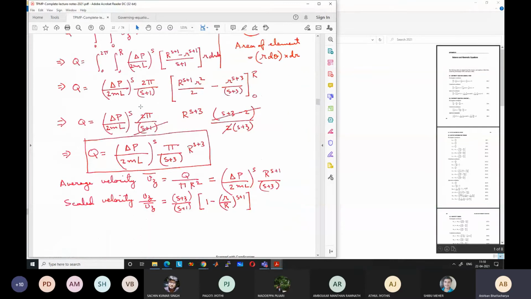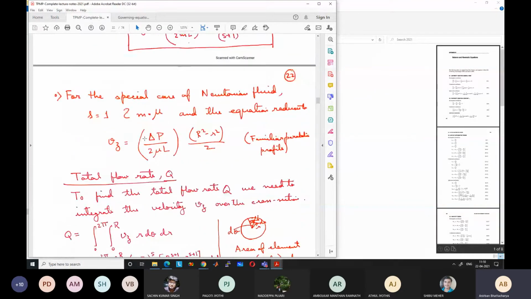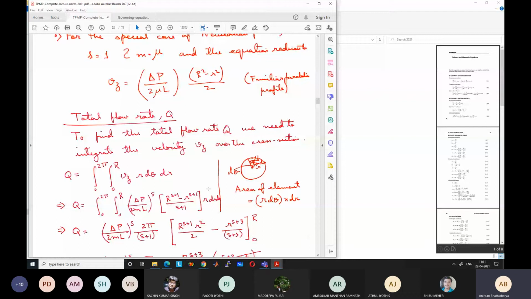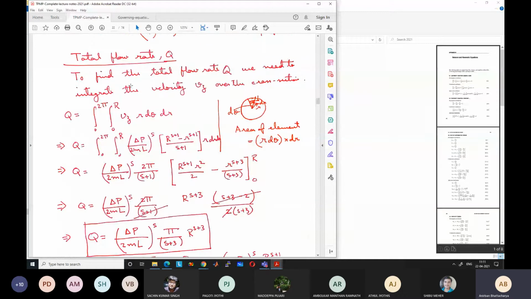For a non-Newtonian fluid, the profile was different, non-parabolic. We also found the flow rate by integrating the velocity over the cross-sectional area. Up to this point, we had discussed a few weeks back.